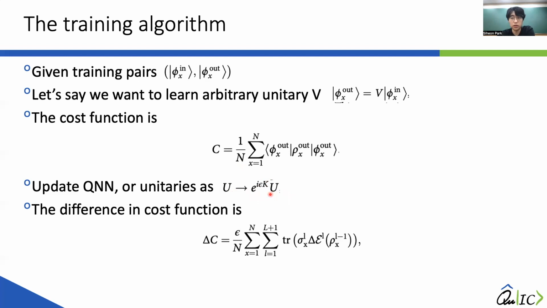So the question is, we are trying to set this K to maximally increase the cost function. So the difference in cost function between this and this unitary would be this. This follows from very tedious mathematical calculation. So we are trying to get this K, which maximizes this difference in cost.